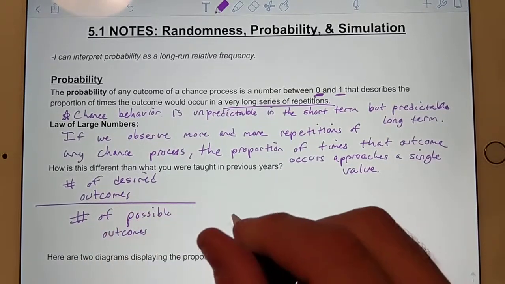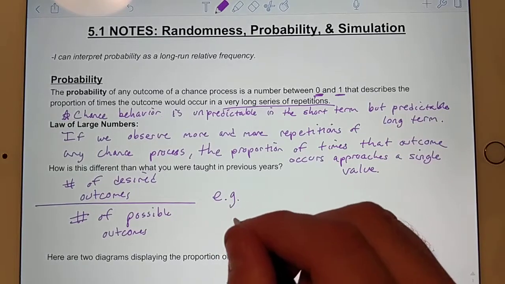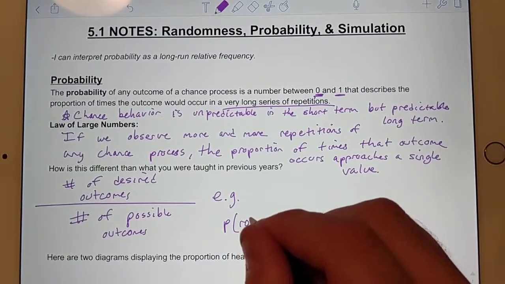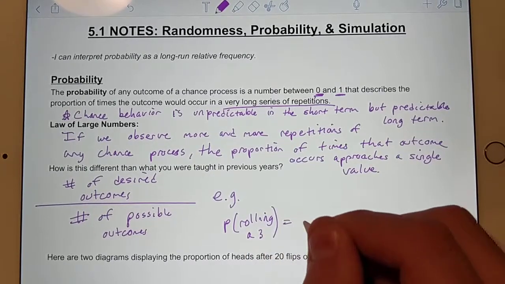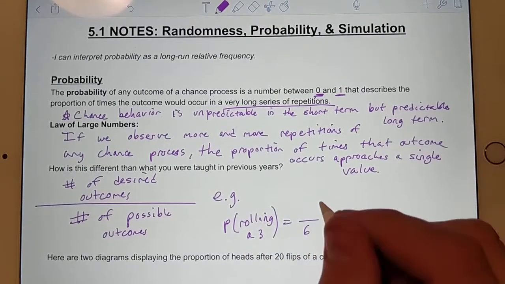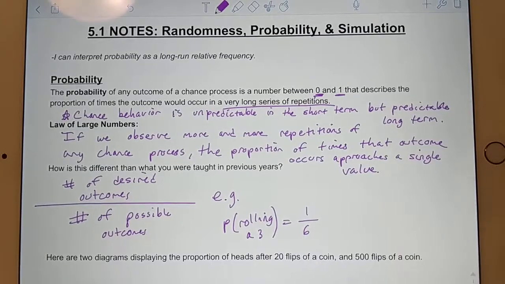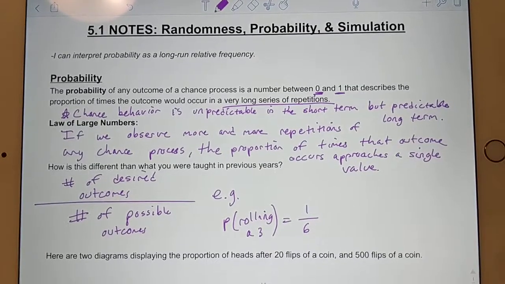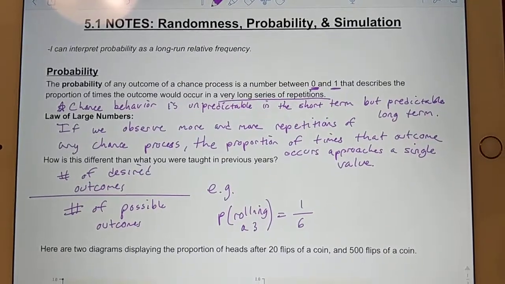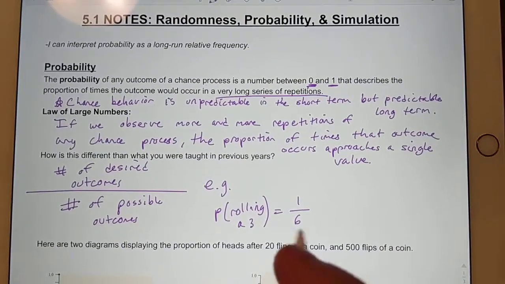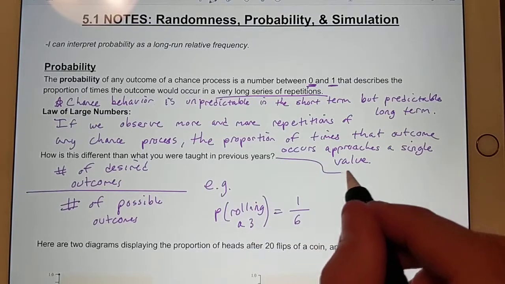So as I said before, for example, the probability of rolling a 3. There are 6 sides to a die. There's only 1 3 on the die. Your probability is 1/6 or 1 over 6, and percentage is like 16.7%. It doesn't mention long term in that definition.